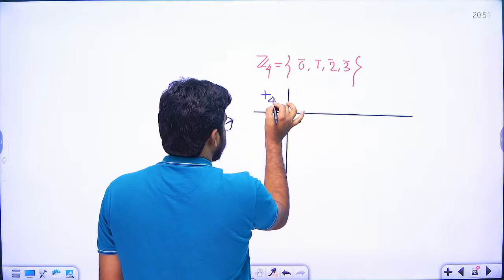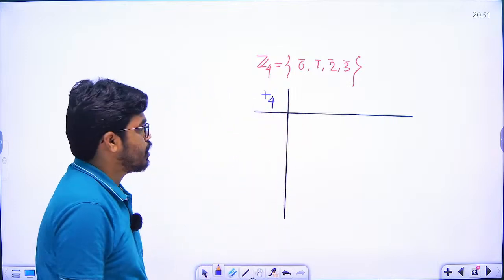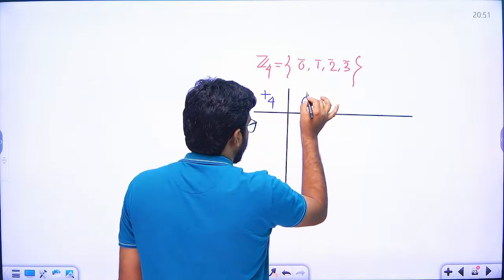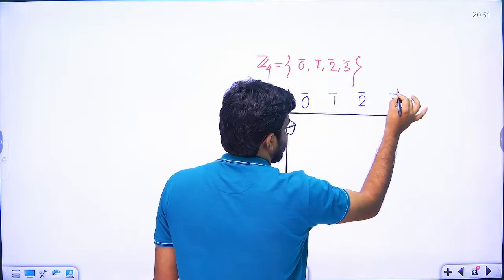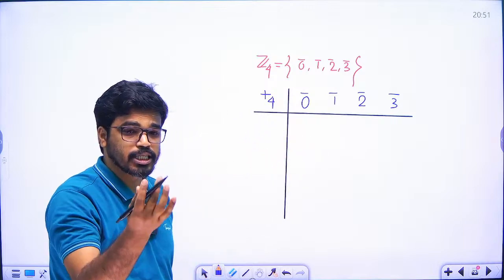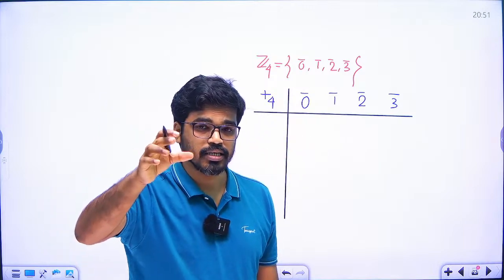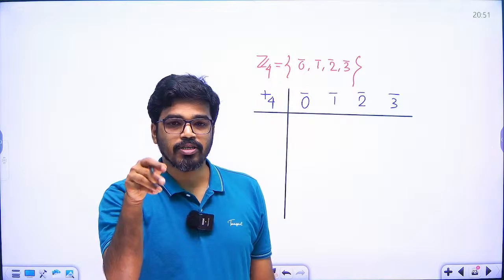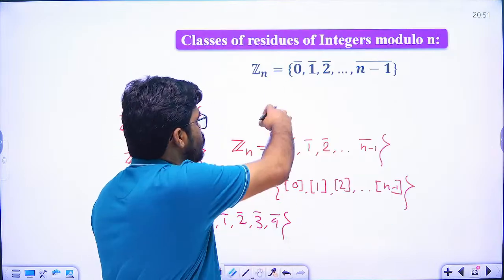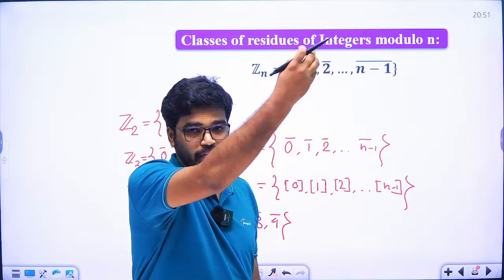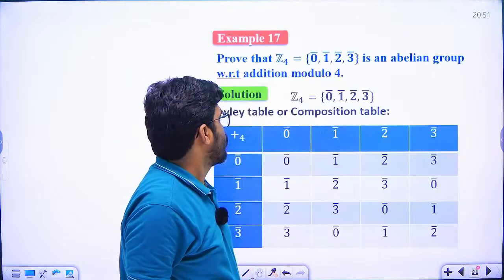The elements of Zn we express with what? With the bar symbol. The elements of Zn are expressed in the form 0 bar, 1 bar, 2 bar, 3 bar, up to n minus 1 bar.